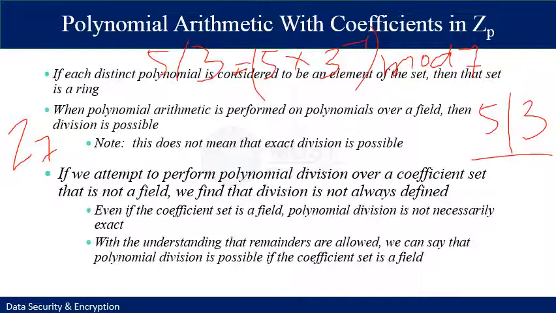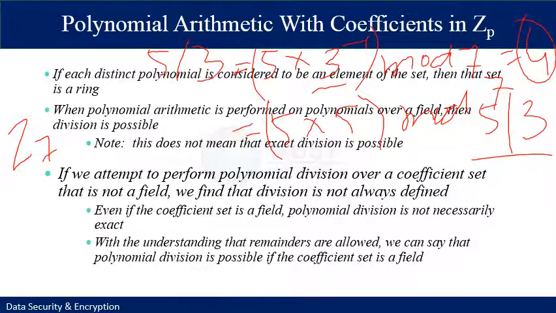If we remember the table from the last lecture, the multiplicative inverse of 3 is equal to 5. So we get 5 multiplied by 5 mod 7, and we get the remainder 4, which is an exact solution, because 4 actually exists in the field.